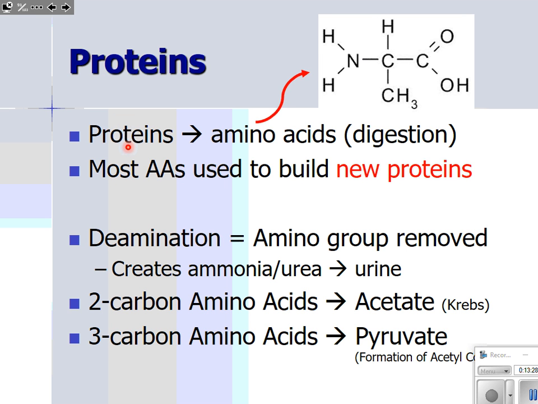Now, I'm not a cow, so I have no direct use for cow protein. My human cells cannot use cow protein.